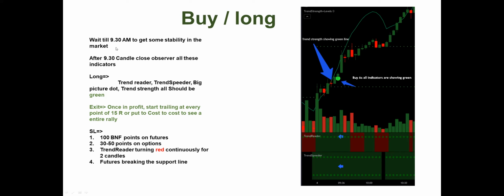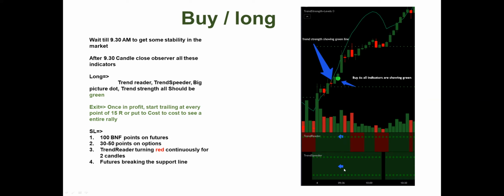At 9:30, if all these three things, Trend Reader, Trend Speeder, and Trend Strength, are in green, right? I have just given an example here. First you need to check Trend Reader. Trend Reader background color is green. Then the big picture, the dots, whatever is mentioned, those are also green.